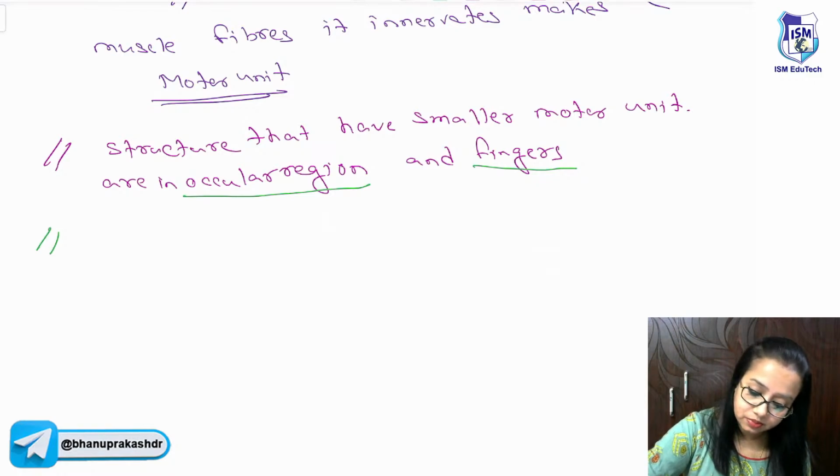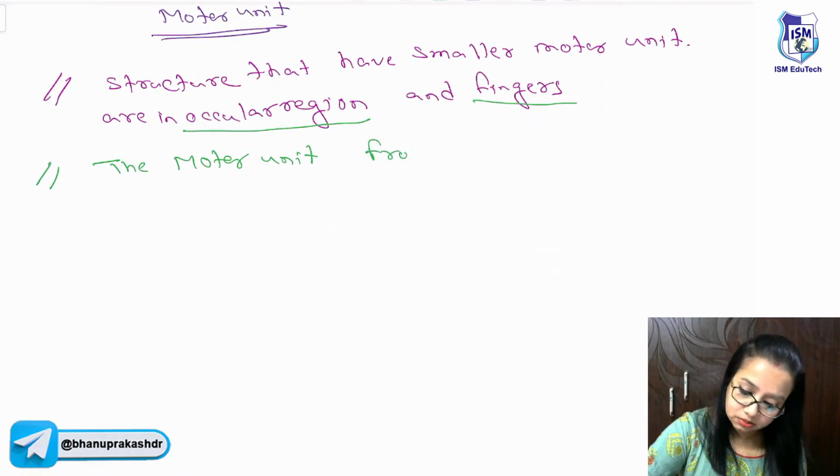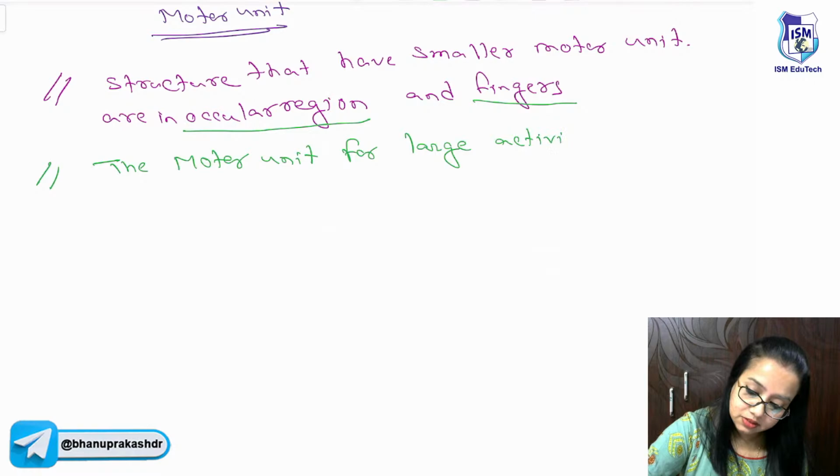Whereas the motor unit for large activity has more muscle fibers.